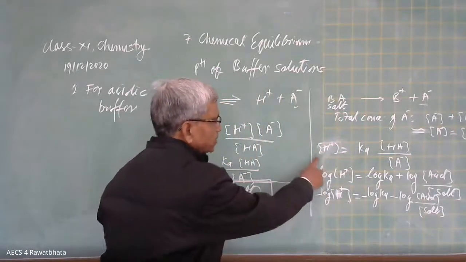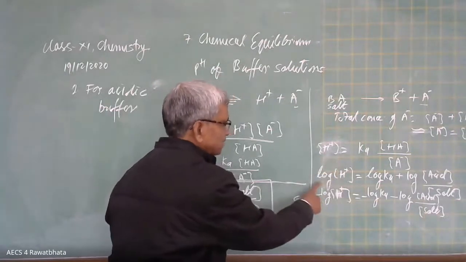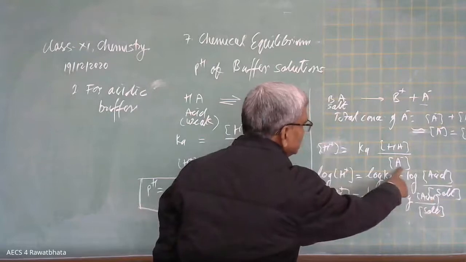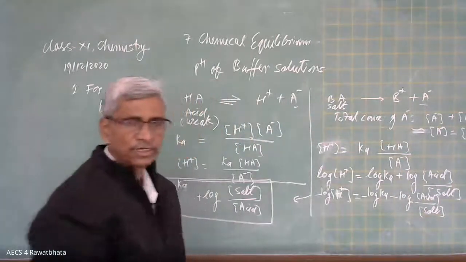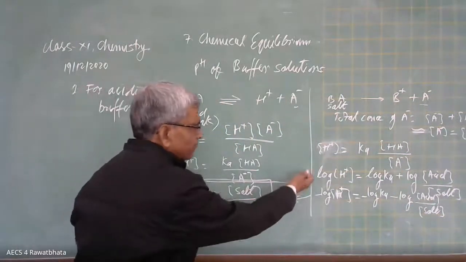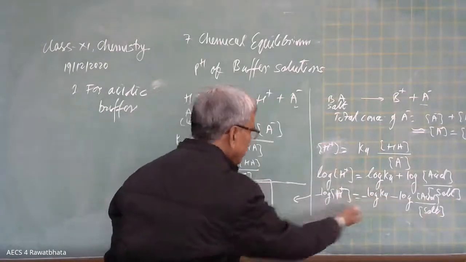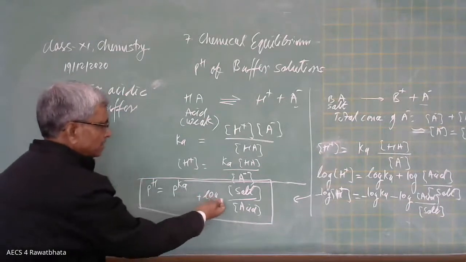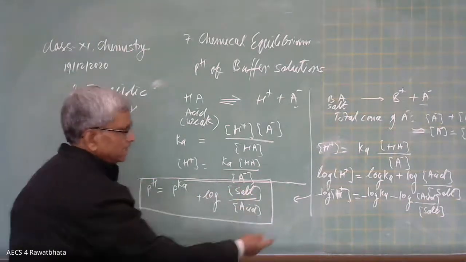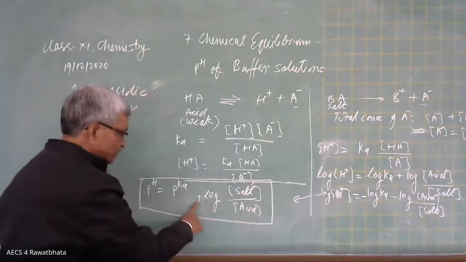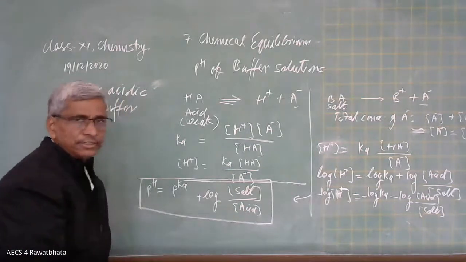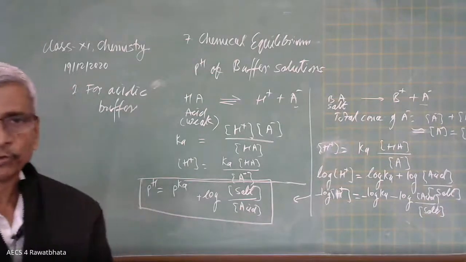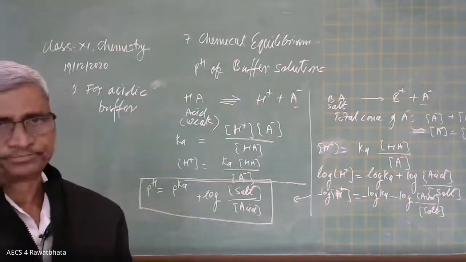So minus log [H+] equals minus log K plus log acid upon salt, and when this is multiplied by a minus sign, we get pH is equal to pK plus log salt upon acid. Salt is the numerator and acid is the denominator. This is the formula for the pH of an acidic buffer.